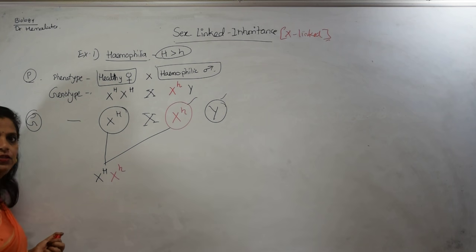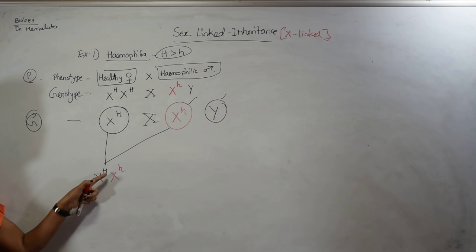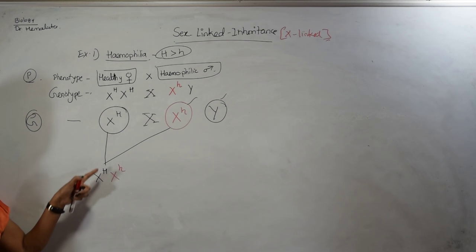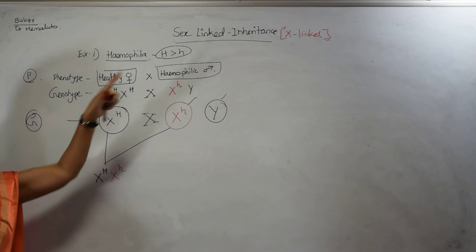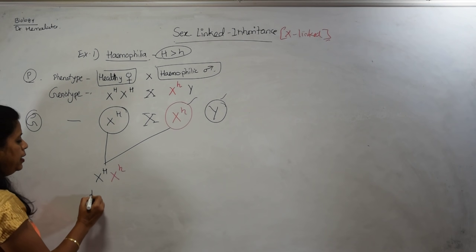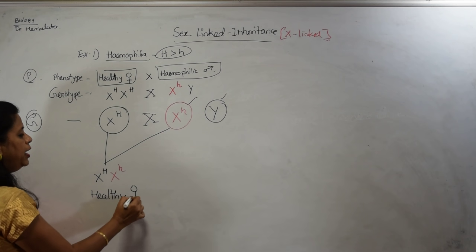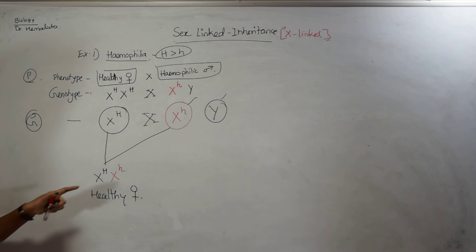Such females, as you can observe here, have one capital H allele and one small h. But I told you capital H is dominant over small h. Capital H is for normal blood clotting. So she will be a healthy, normal female, but genotypically she is not totally normal.